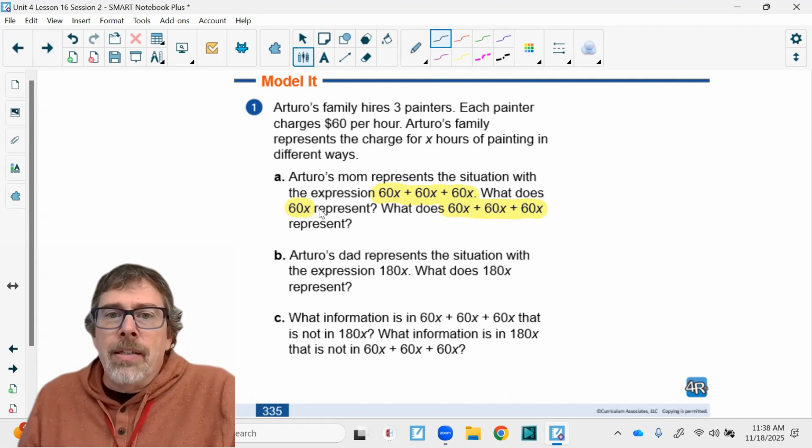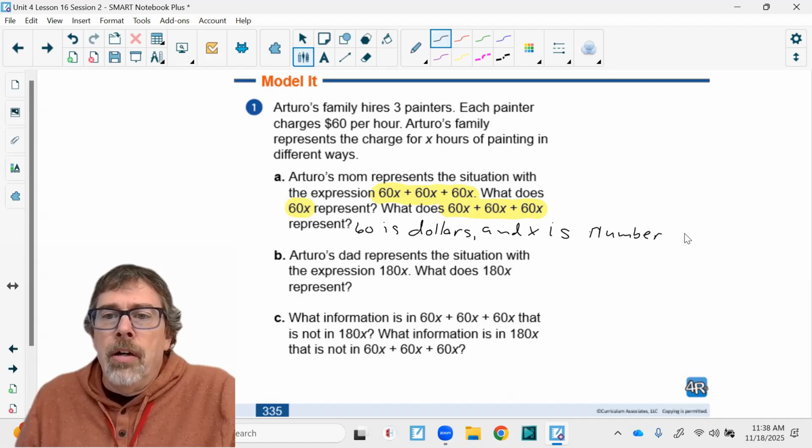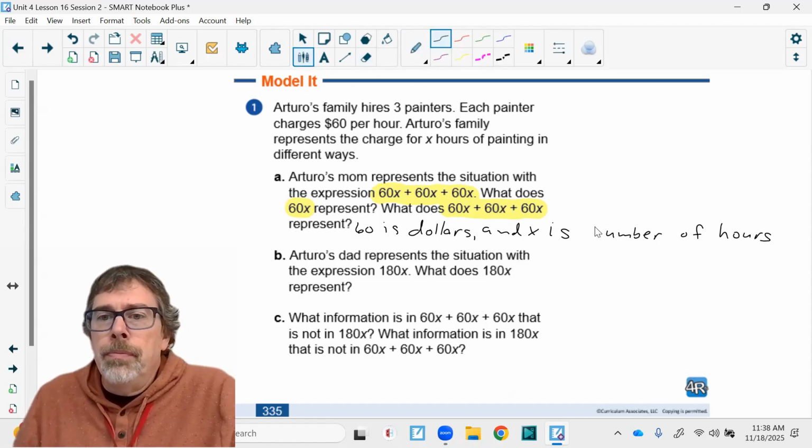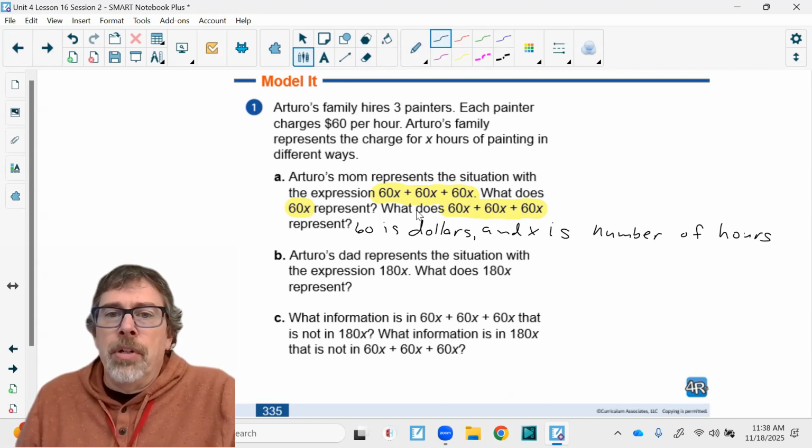Okay. The 60x, well, $60 per hour. The 60 is the dollars, and x is the number of hours.